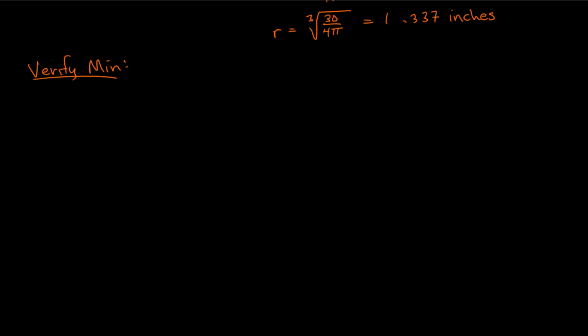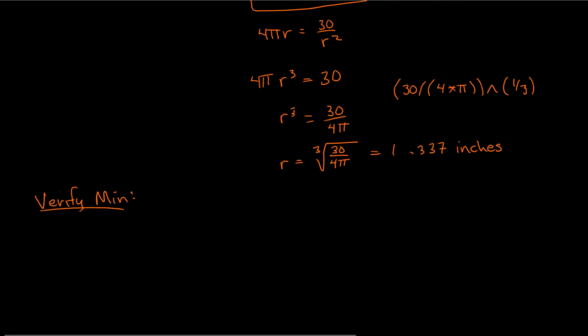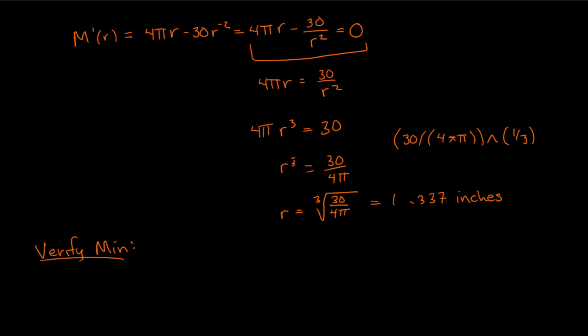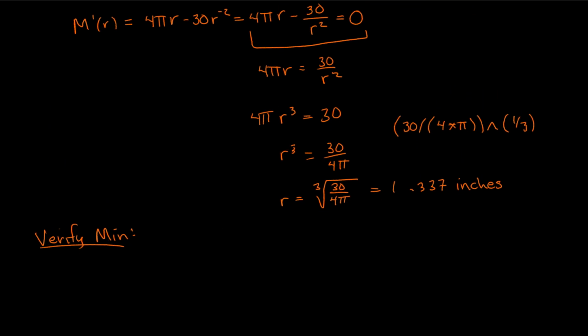Okay, so what we're going to do is take the first derivative, and the first derivative is up on that top line. It's going to be 4 pi r minus 30 over r squared. And I'm going to take a look at the values of the slope, or the first derivative.